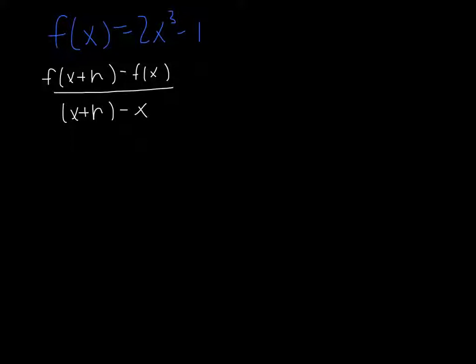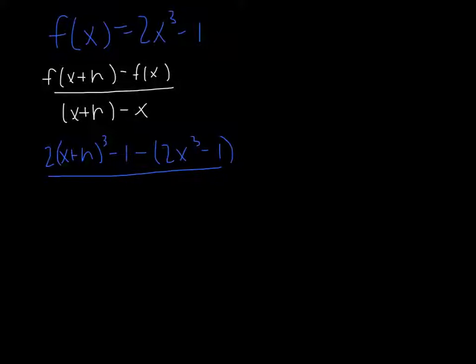So we would have 2 times x plus h cubed minus 1, minus 2x cubed minus 1 in parentheses, and then you would divide by h. Okay, I forgot to keep going with my original equation for my derivative.